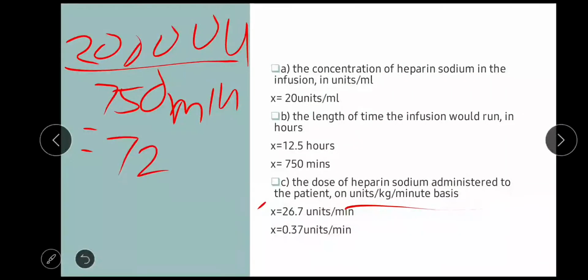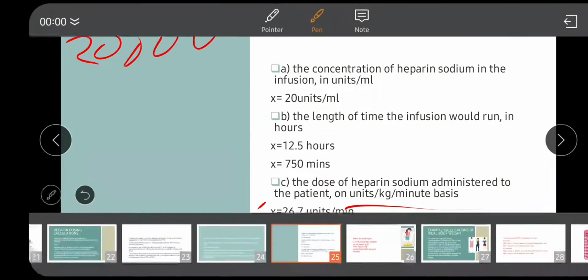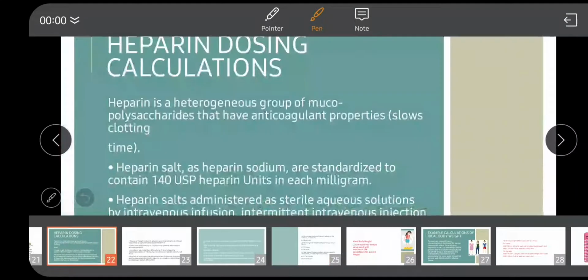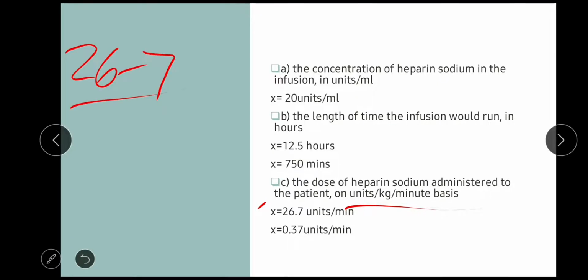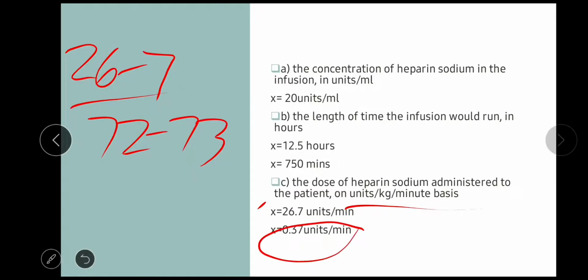Yung kanina nating 72.73 kilogram. 26.7 units divide 72.73. The answer would be 0.37 units per kilogram per minute basis. So, ito yung answer natin.